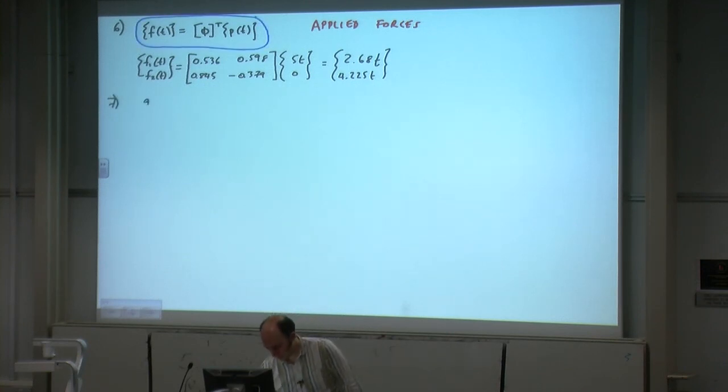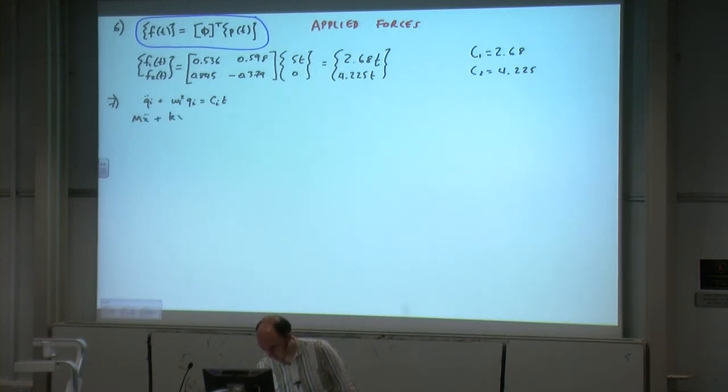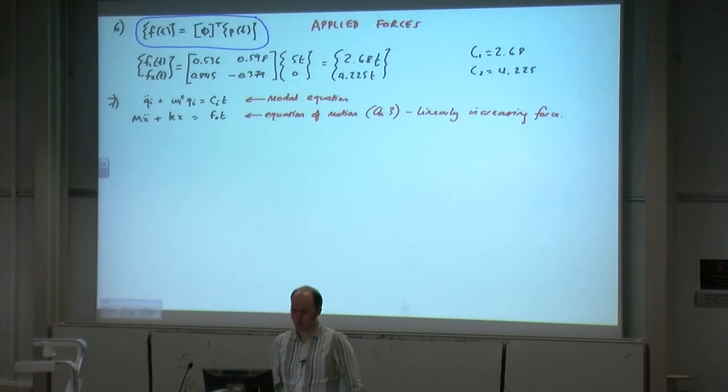So we end up with an equation that looks like this. And that's the equation for a linearly increasing force, and it matches up to the equation in chapter 3 that looked a bit like this. And the solution to that equation, this one here, was x equaling minus f naught upon omega.